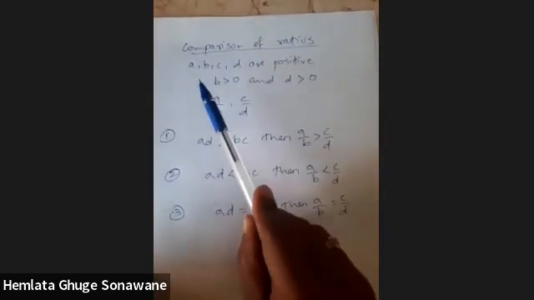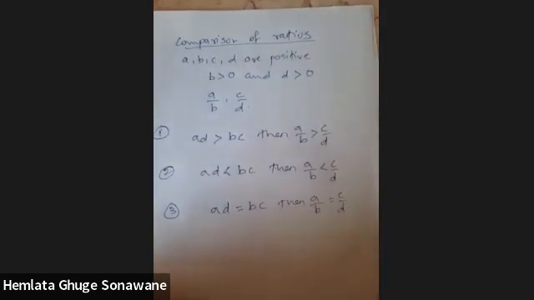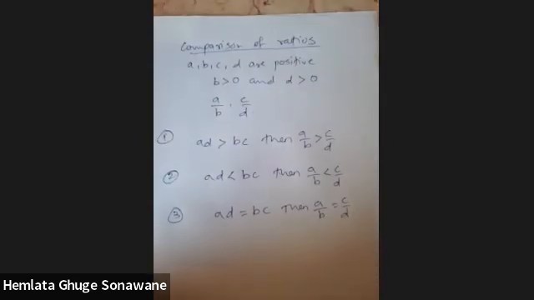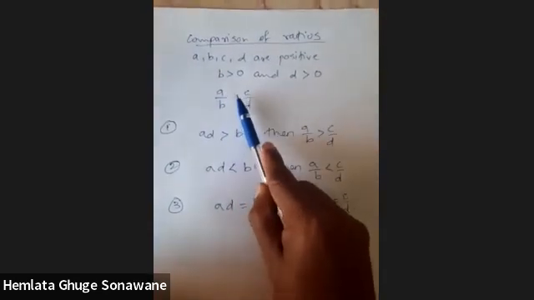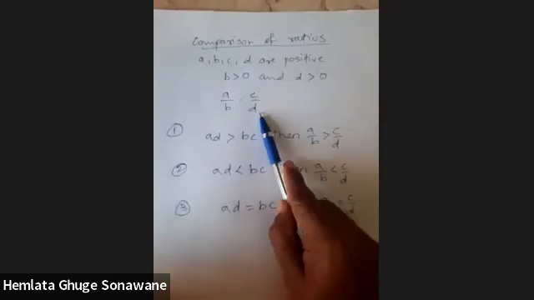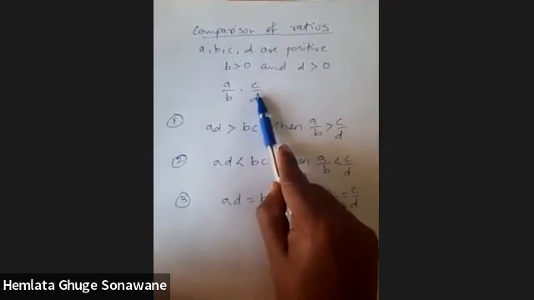Here we have considered A, B, C, D as positive numbers. B is greater than 0 and D is also greater than 0. Then A upon B and C upon D, we are comparing both these.